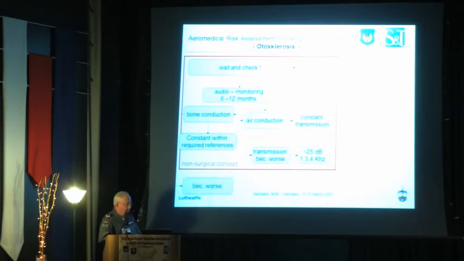But when the bone conduction is becoming worse, we have to decide normally to do the operation, because you can solve the inner ear problems. And when air conduction passes the limit of 25 dB in the main frequencies, a stapedotomy is also performed.